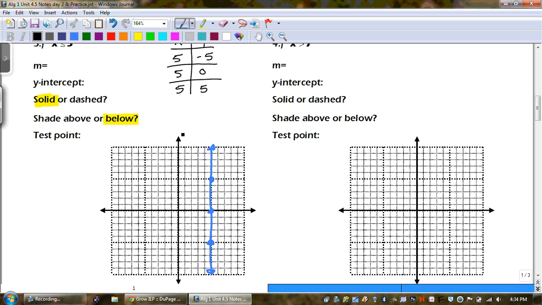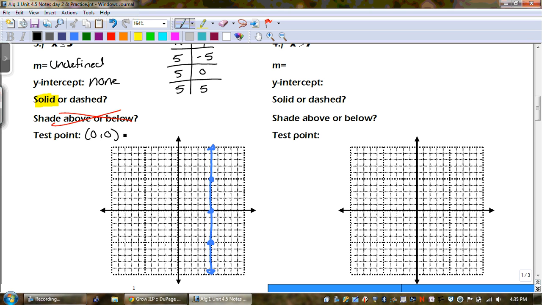When it's a vertical line, our slope is undefined. I had to remember that. There is no y-intercept because it doesn't cross the y-axis. It's solid, but I can't shade below this line, so we can't shade above or below. Well, where do we shade?